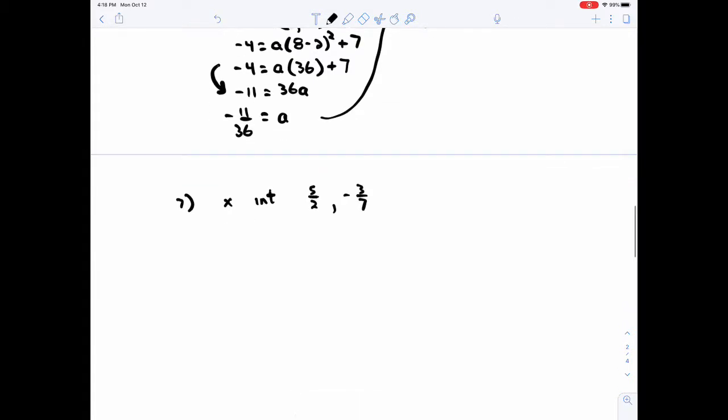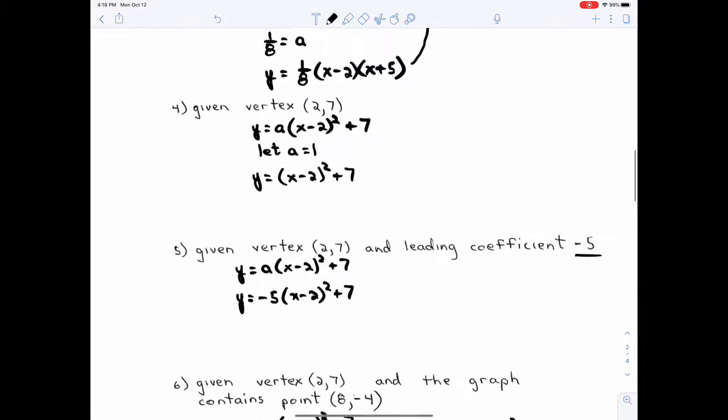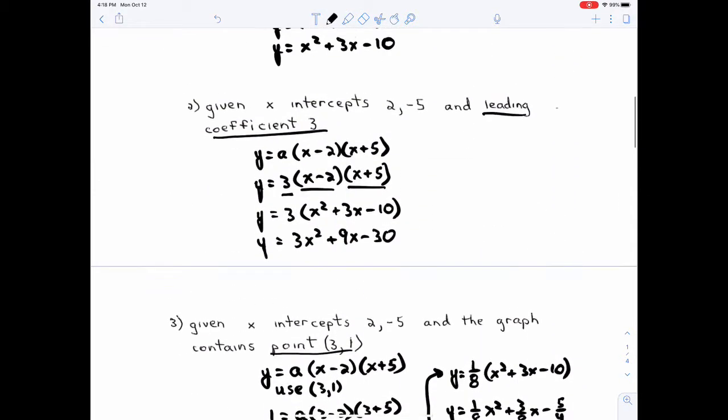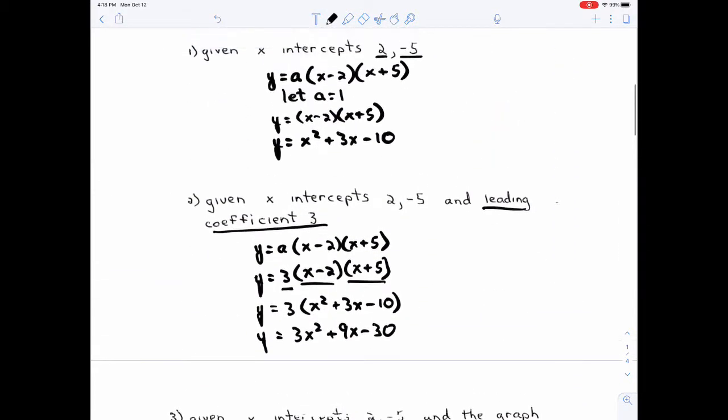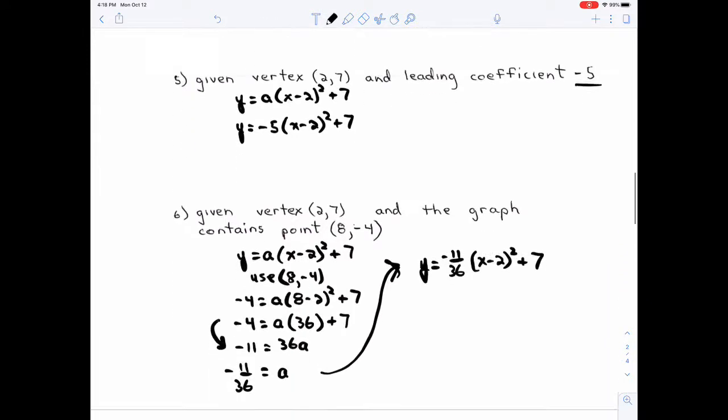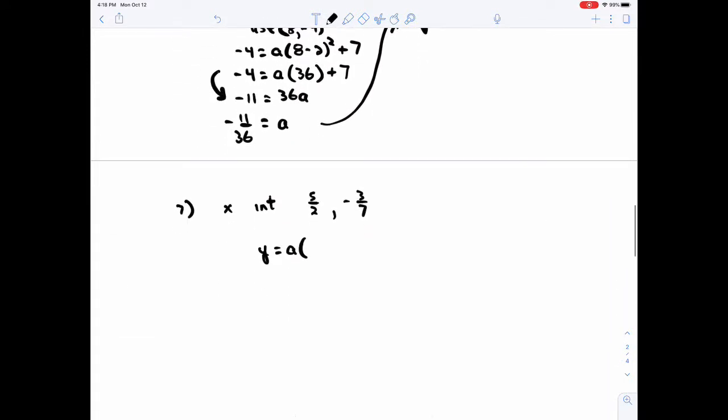Okay, how's this problem going to start? Y equals a. And now these are x-intercepts, so just like it was up here, right, it's x minus the intercept. So this is going to be x minus 5 halves and x plus 3/7.